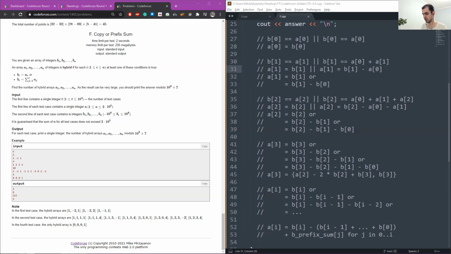And then we have B2 is equal to A2, which is kind of on its own. Or we have B2 equal to A2 plus A1 plus A0, which can mean two different things.